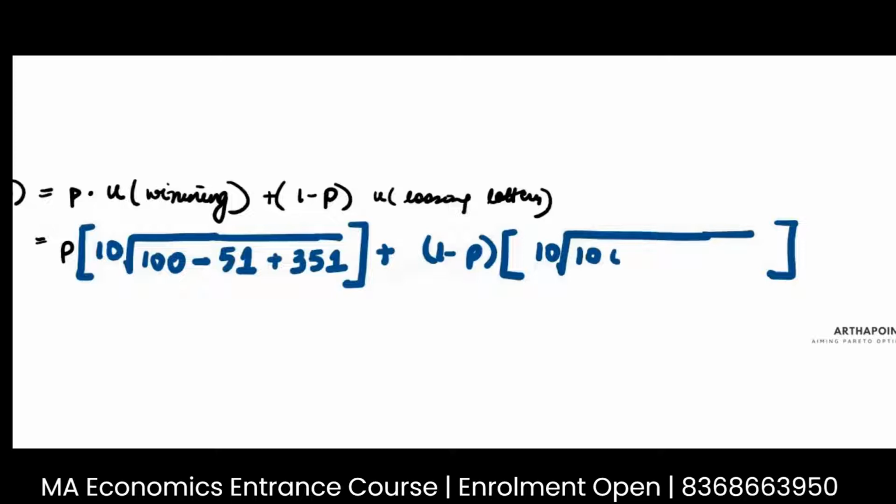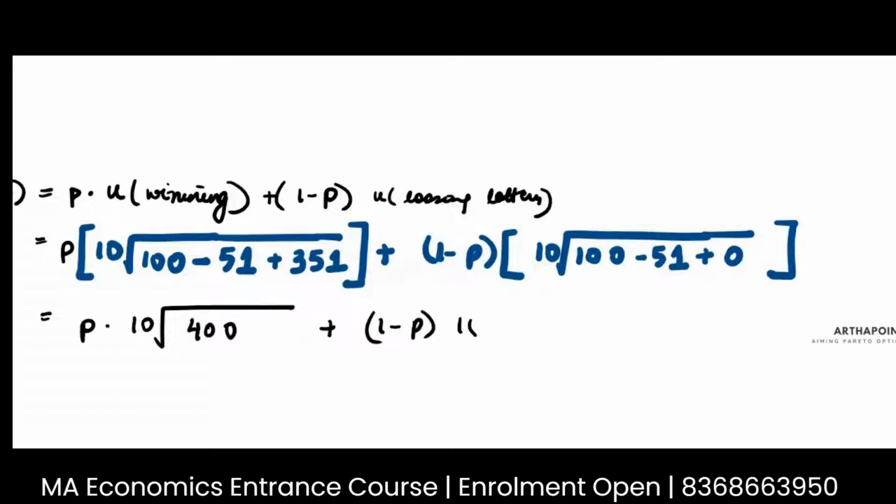I had 100 rupees, I spent 51 to buy the lottery, and I won 0 rupees because I lost. So this is going to be P times 10 root of 49 plus 351, so 400, plus 1 minus P times 10 root 49.